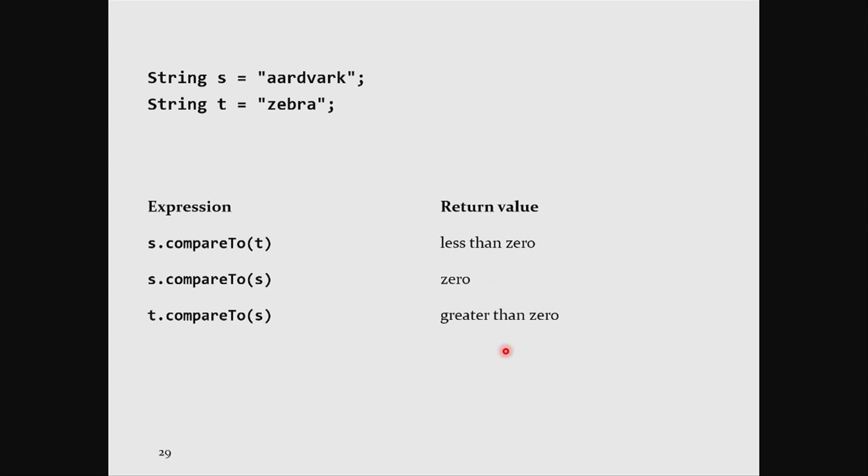So now you have to use s.compareTo(t) less than 0, s.compareTo(t) equals 0, or t.compareTo(s) greater than 0, for your conditions. So it's a little more verbose than the Python greater than, less than, and equal to.